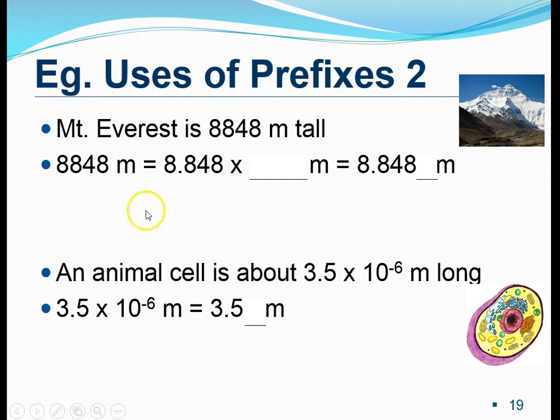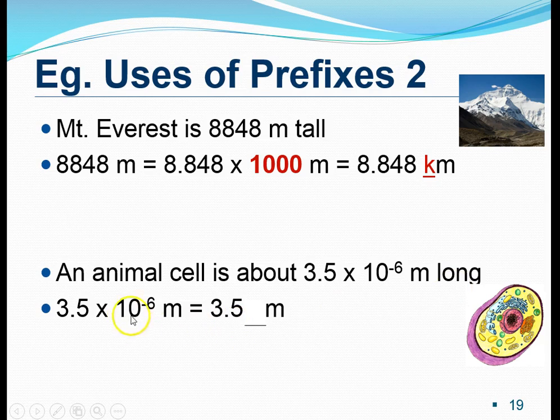So by looking at this 8,848, we can break it down into 8.848 multiplied by 1,000 meters. This will give us the same value. And since 1,000 is represented by the kilo prefix, we can replace that with a simple symbol k.